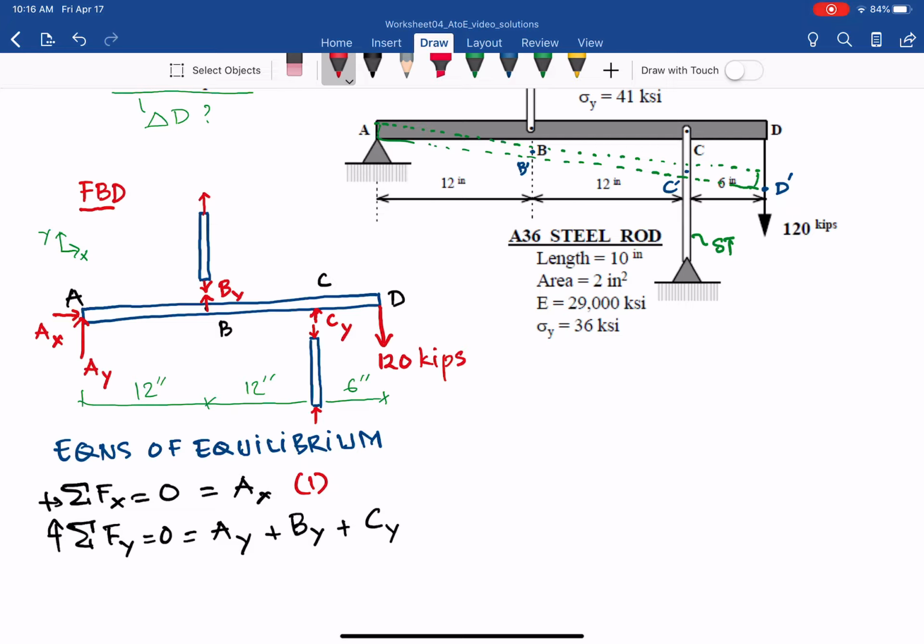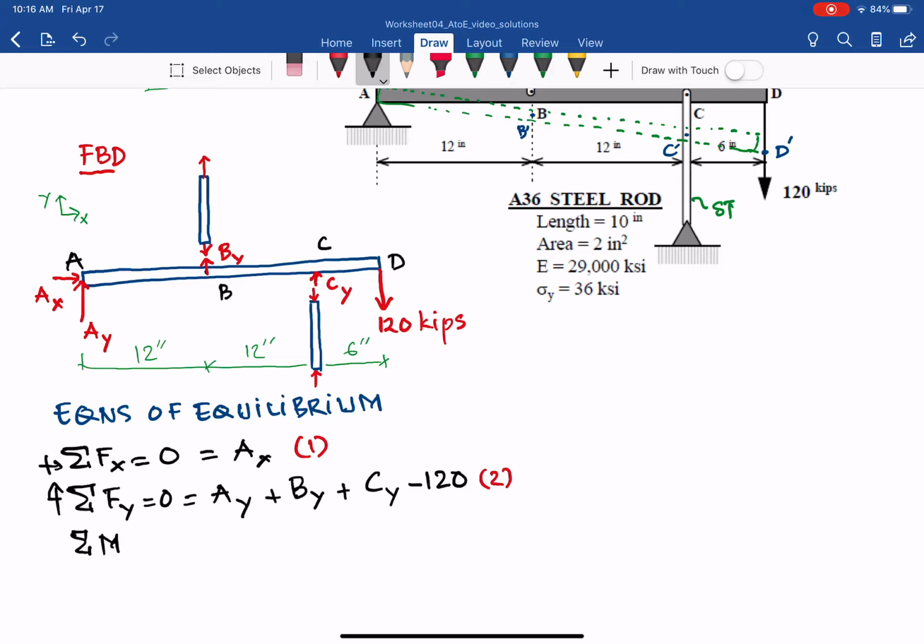The next equation will be moment. Sum of all the moments. Moment about which point? You can select any point. Let's make life easy. Take moment about A equals 0, and assume counterclockwise.